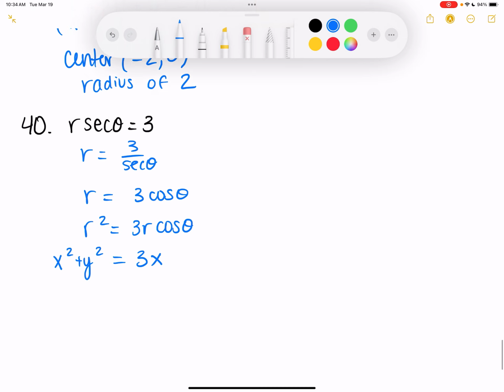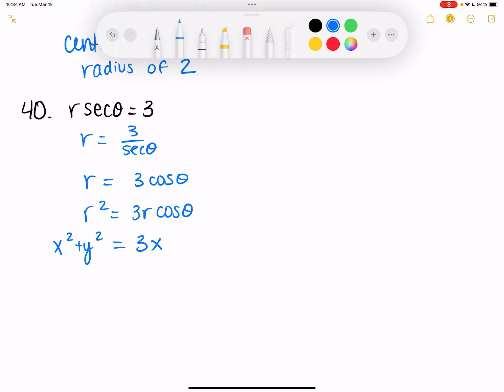All right, so now we move this 3x over, and again, I know that I'm going to need to complete the square because that's how we solve circles. Seems ironic. We use squares to find the circle. So x squared minus 3x plus box plus y squared equals 0 plus box.